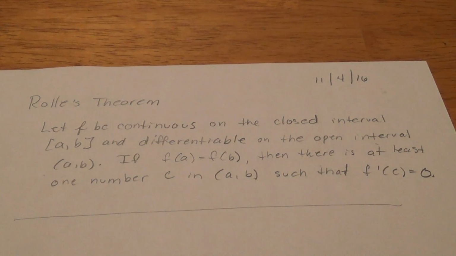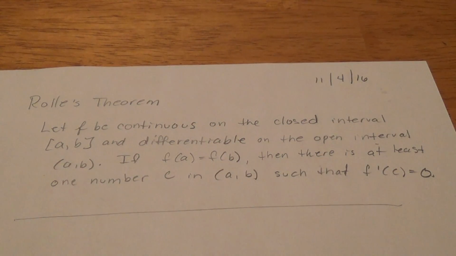I'll read it. Rolle's theorem says, let f be continuous on the closed interval a to b and differentiable on the open interval a to b. It really doesn't make sense to require differentiability on a closed interval, because then we would have endpoints where we would try to draw derivatives.